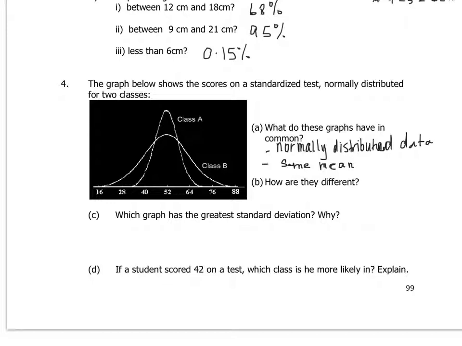Okay, mean of 52. How are they different? Class A is a little bit more clustered than Class B. Class B is more spread out, which means it has a larger standard deviation.